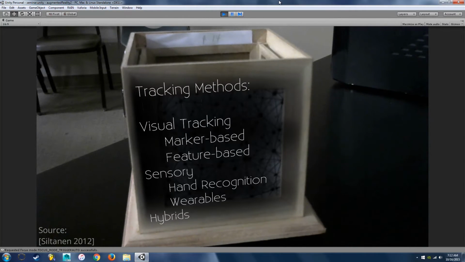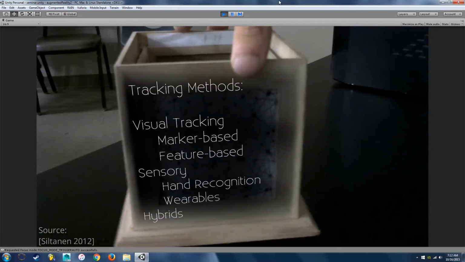Sensory tracking involves anything from hand recognition to wearables, think of Minority Report. I've even heard of people using Bluetooth devices and beacons for sensory recognition. That's pretty cool. Hybrids involve using markers and wearables and stuff like that, so you can get all sorts of combinations with these and have more robust interfaces.